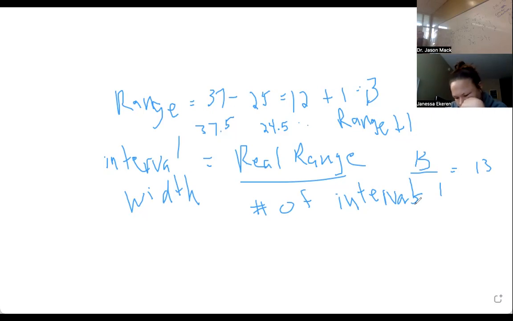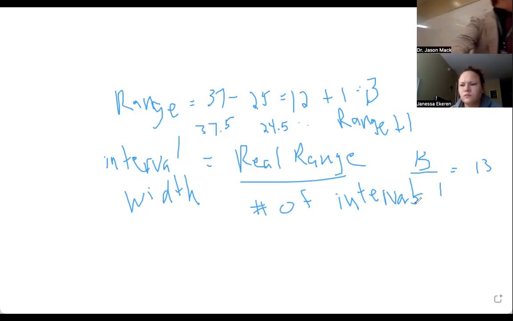Wait, you just said lower boundary from 22 to 44 is 43? These are lower boundaries on the bottom, and these are upper on the top. It would make more sense if we wrote it like this.